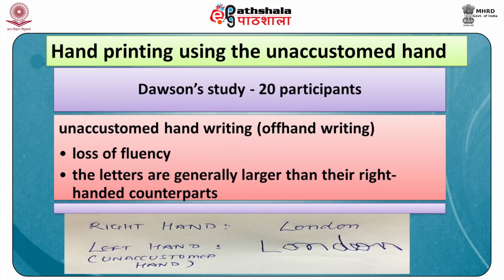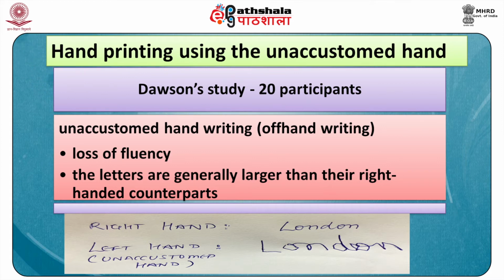Hand printing produced by the unaccustomed hand, sometimes referred to as offhand writing, is characterized by loss of fluency, and the letters are generally larger than their right handed counterparts.